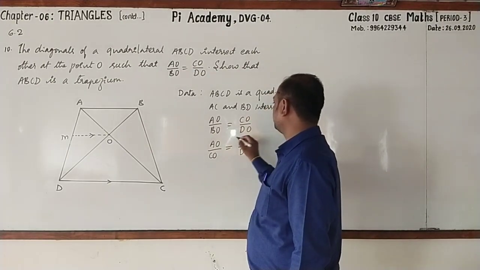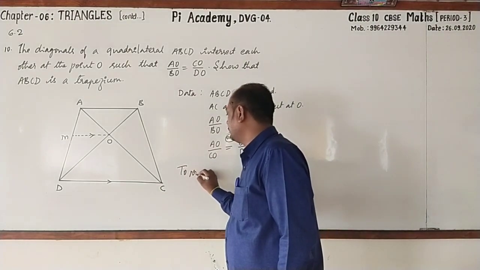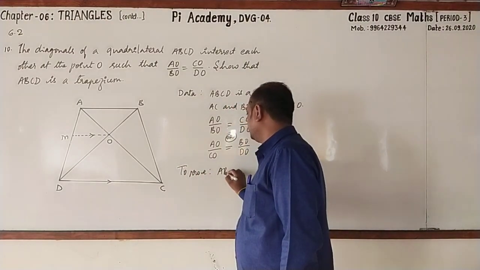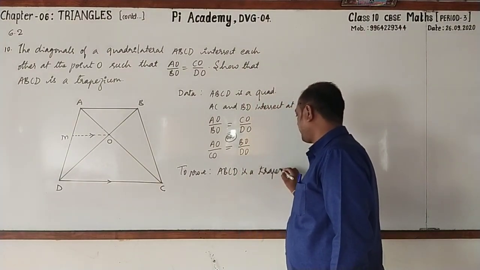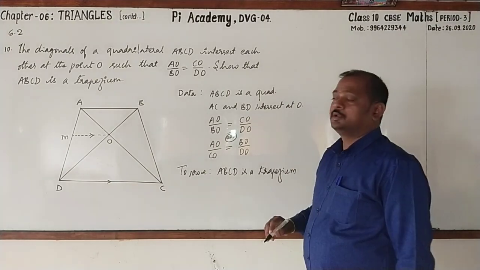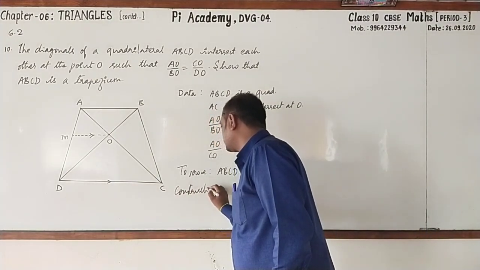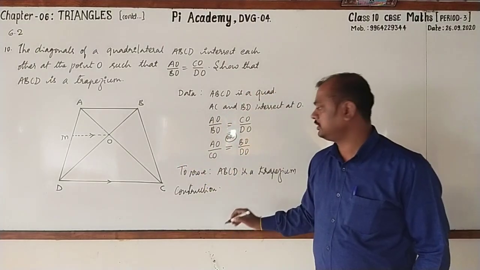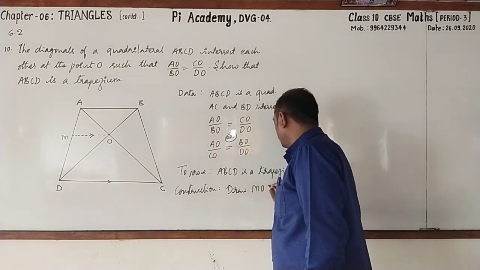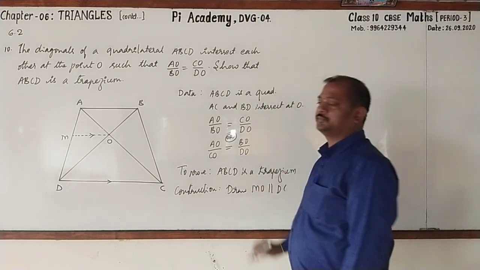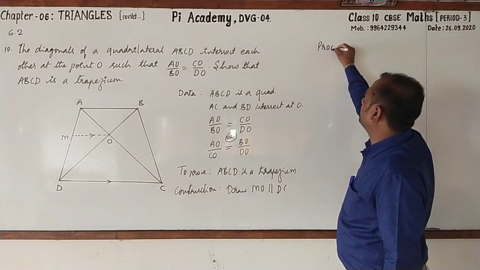Both are the same only. Only this much has been given, and we are going to prove that ABCD is a trapezium. To prove this, we need construction. What is that construction? Draw MO parallel to DC. Written? Yes, let's go for proof.